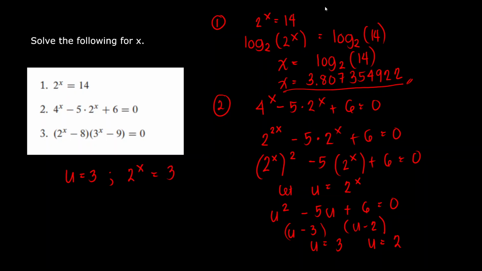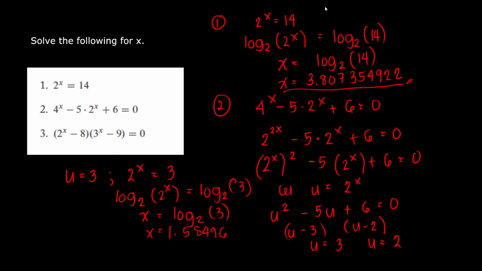We can go back to logarithm: log base 2 of 2^x is equal to log base 2 of 3. So what remains is x, since the exponent is the equivalent. So x is equal to log base 2 of 3, which is equivalent to 1.584962501.